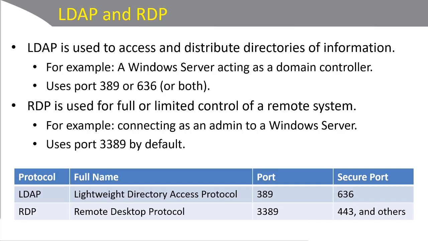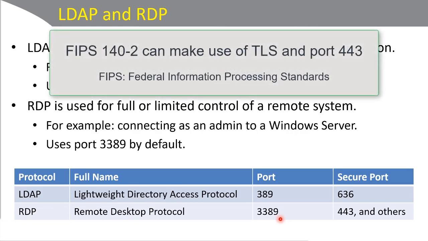The RDP default port is 3389, but it can be enhanced with FIPS and possibly utilize TLS running on port 443. So there are ways to make this more secure if necessary.